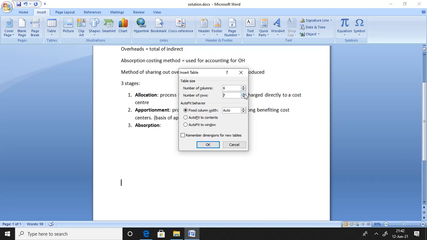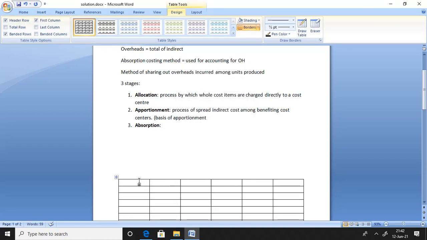And then we have several rows. The first column is going to deal with the cost item. The second column will show the basis of apportionment.